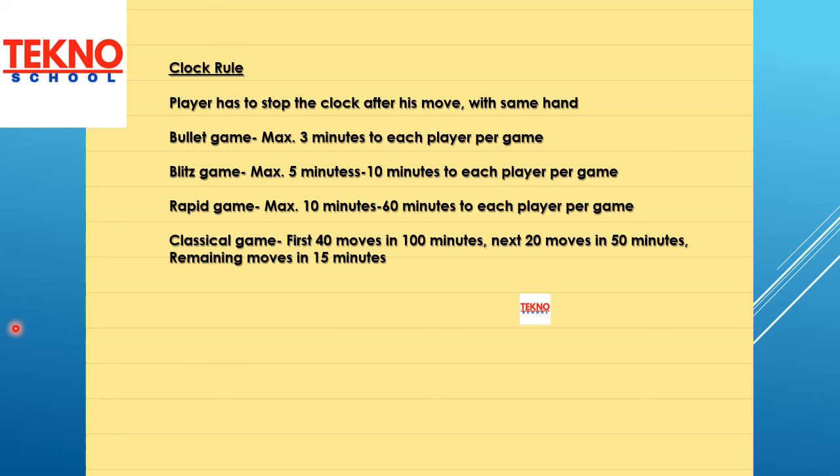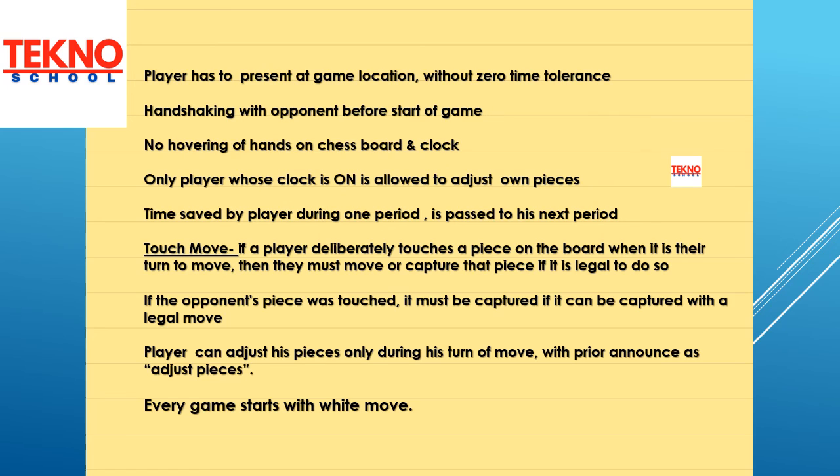Classical game. First 40 moves in 100 minutes. Next 20 moves in 50 minutes. Remaining moves in 15 minutes. A player has to be present at the game location with zero time tolerance.